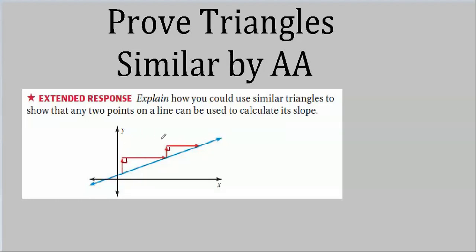That means they're parallel. They're both vertical. If they're parallel, then this is a transversal. This angle and this angle are both corresponding angles. That means that they're congruent. So now we have similar triangles.